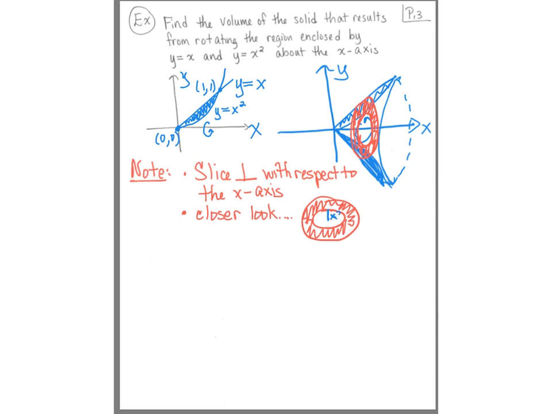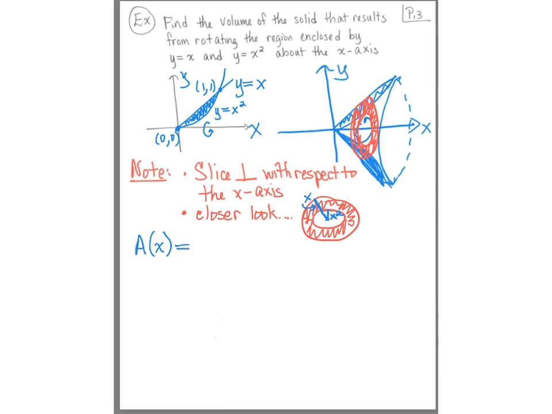Your outer radius we got from y equals x, so your outer radius is x. Why do we care? Because we want to find the area of our washer in terms of x, since we're slicing perpendicular to the x-axis.